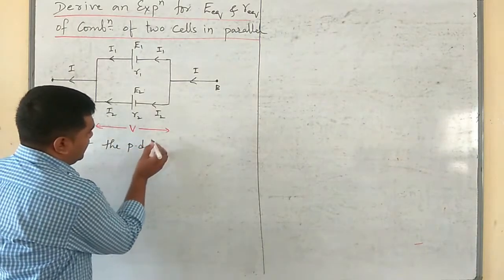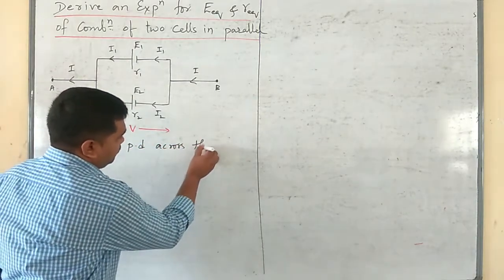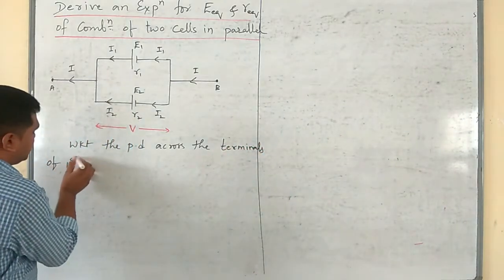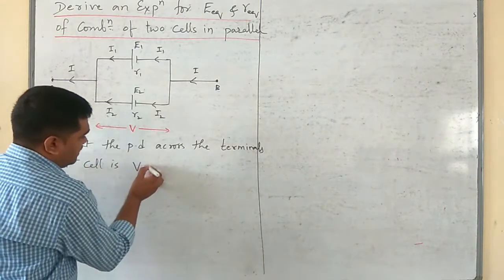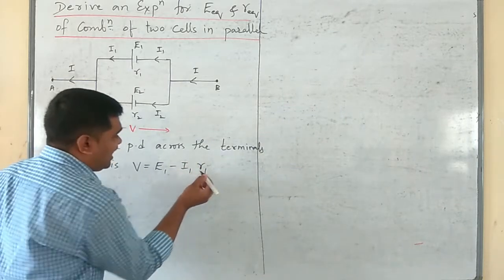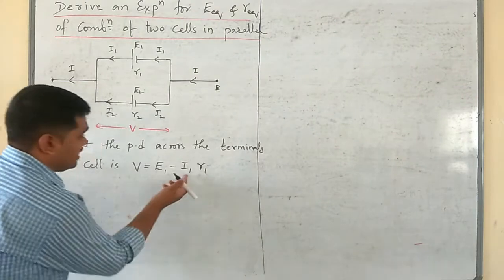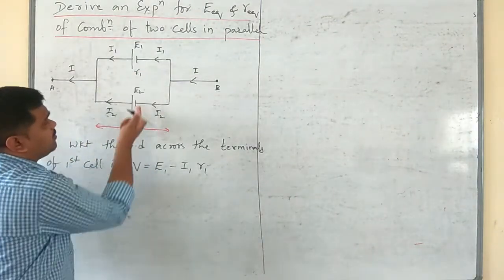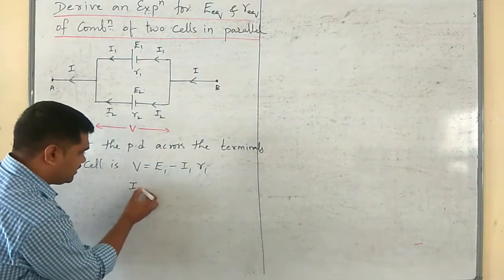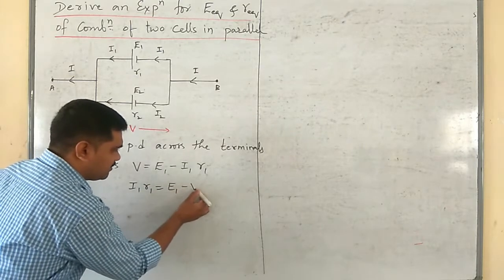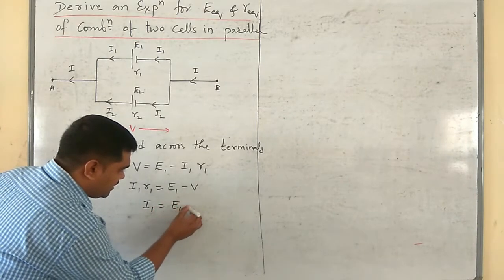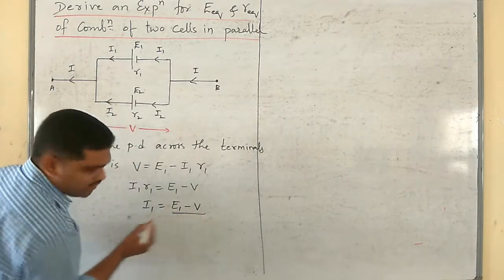Now we know that the potential difference across the terminals of the first cell is V equals E1 minus I1 R1. Here V is constant for both the cells. Therefore, I1 R1 is equal to E1 minus V, so I1 is equal to (E1 minus V) divided by R1.